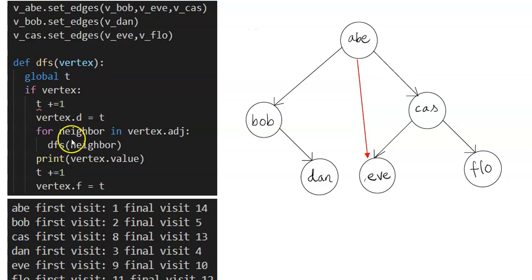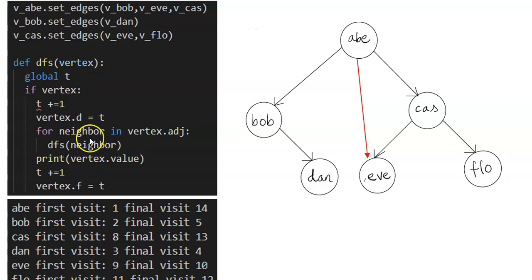What this algorithm says is we take a particular vertex and we go through all of the vertices that are in its set of adjacencies. We process them one at a time, and if any of those vertices has neighbors or adjacencies themselves, we process those adjacencies at that time.